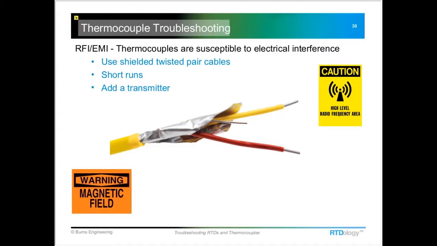It should be grounded at just the one end. If you hook it to both ends, it really doesn't work all that well. Also keep the extension wire as short as possible, and I'd already mentioned adding a transmitter into that loop. But this is by far one of the biggest issues I see with thermocouples, this RFI EMI stuff.